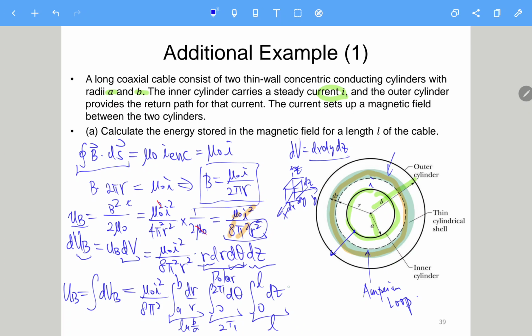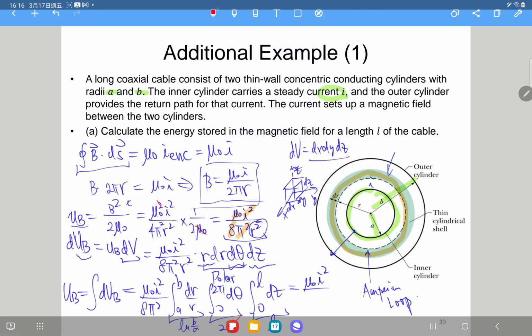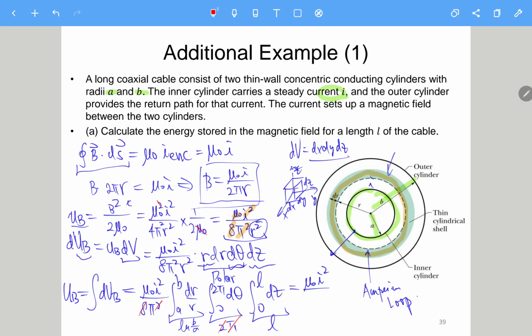So altogether, we will have mu0 I square over, we can see this 8 pi square, and then this pi and pi square can be partly cancelled. This one and this one can also be partly cancelled.